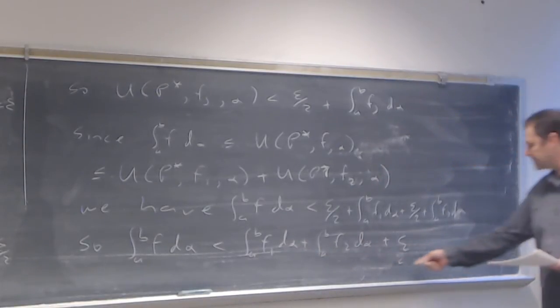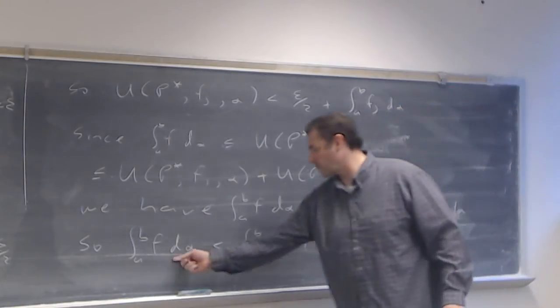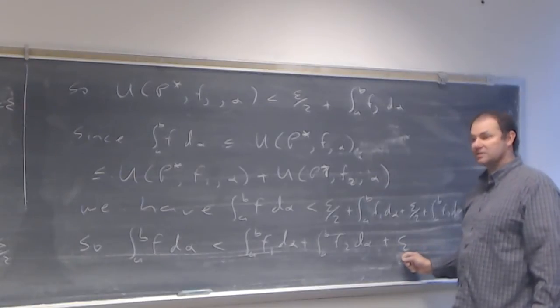Well, since epsilon is an arbitrary amount, what we're saying is this number is less than or equal to this number plus any positive amount.